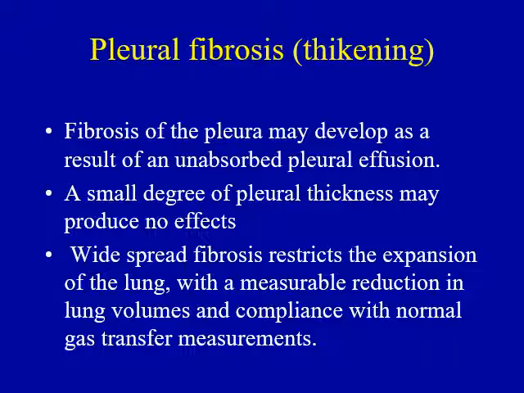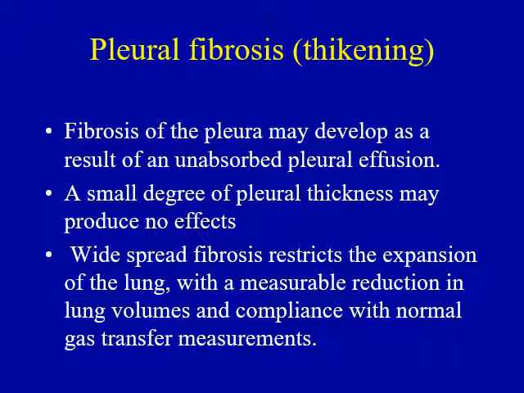We come to pleural fibrosis or pleural thickening. Fibrosis of the pleura may develop as a result of unabsorbed pleural effusion. A patient with a pleural effusion which was not aspirated or not absorbed develops thickening of the pleura and fibrosis.